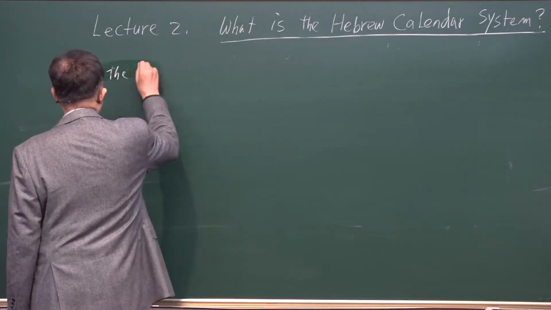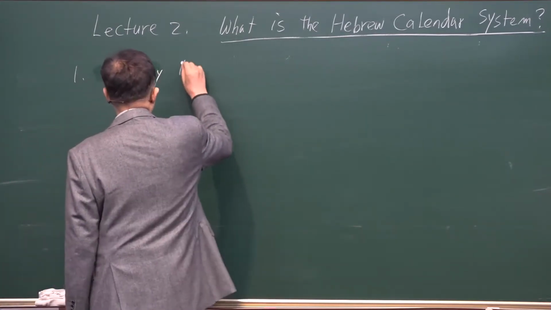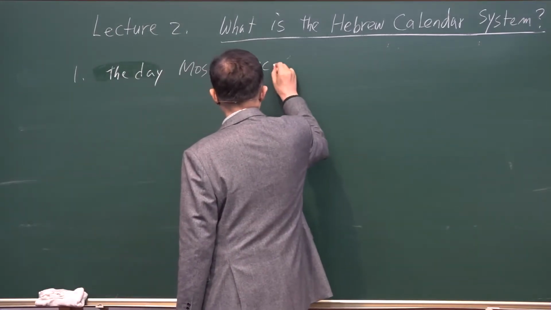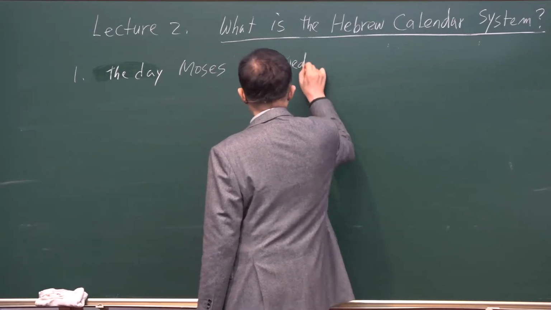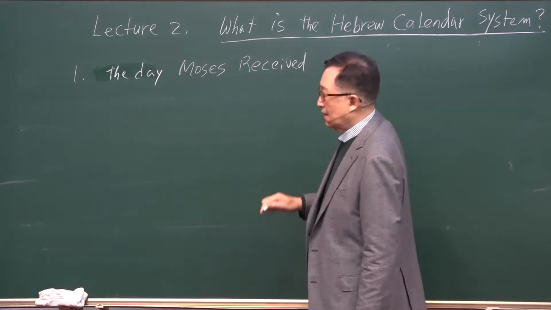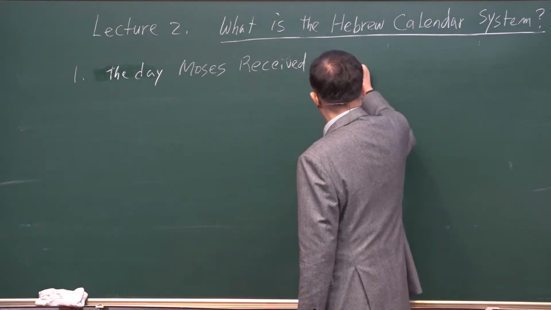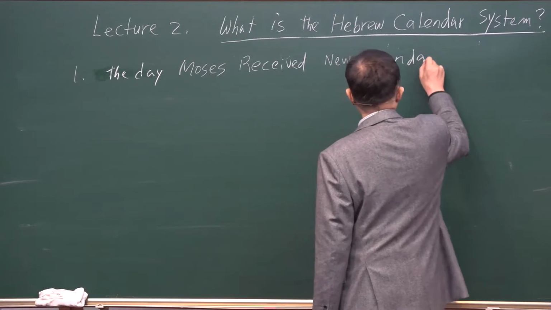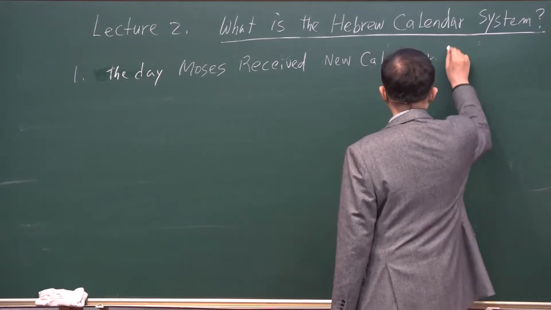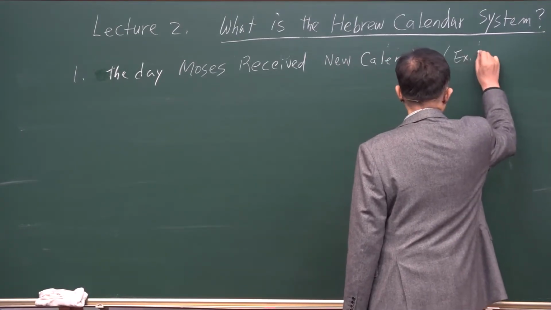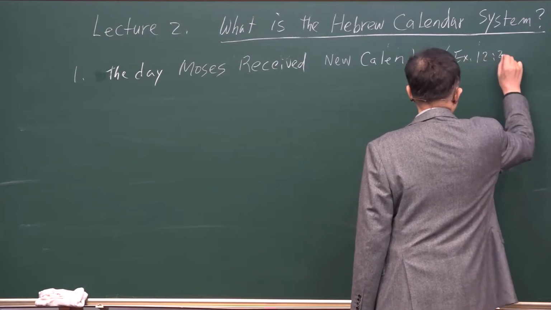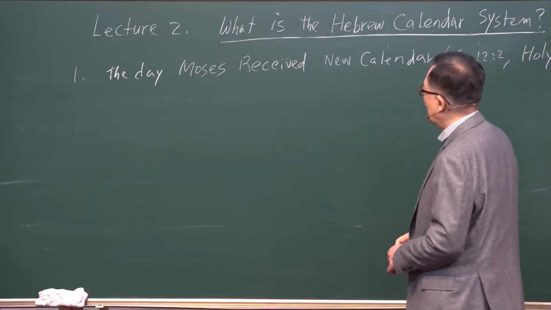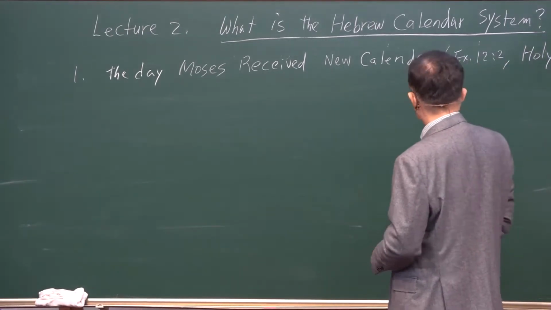Today, Moses received a new calendar, which is Exodus 12:2, which is the Holy Calendar.